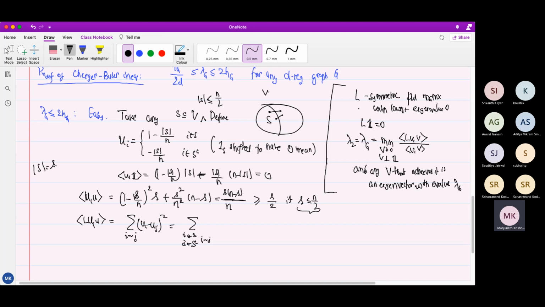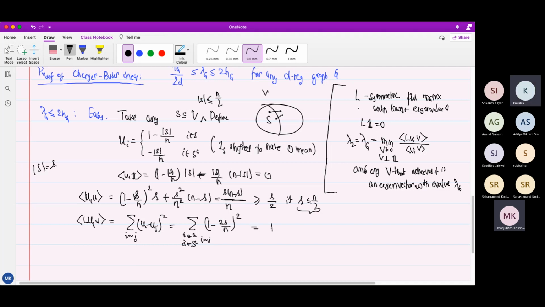For such edges, you get the difference between these two. Any edge connecting two things in S, the difference is 0. Any edge connecting two things in S complement, the difference is 0. So they don't contribute.